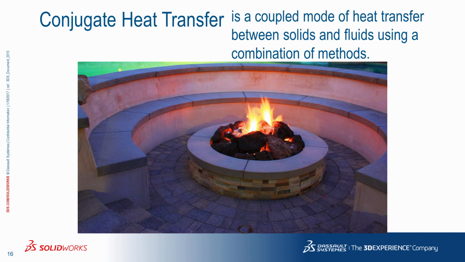So bringing this all together, I want you to imagine yourself sitting around this fire pit on a nice cool evening with some of your friends, thinking about the different types of heat transfer which is occurring around you. So first you have the conduction within the solid benches, which is trying to equalize the temperature by moving that heat around within the solid.